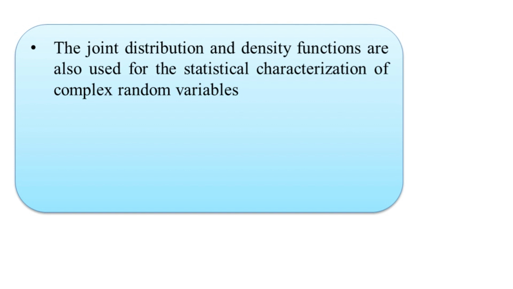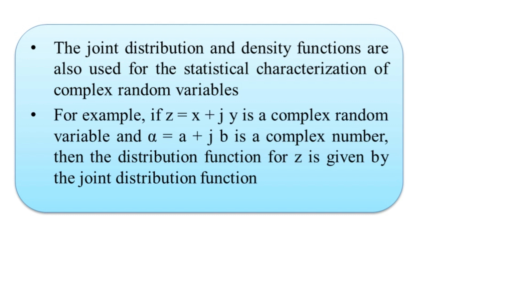For example, with respect to x, y, z, if you take z as the complex variable it will be x plus j times y, and in general alpha is a plus j times b. So both z, the random variable, and alpha have the complex representation.